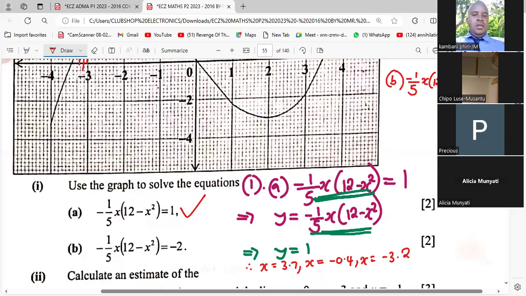Okay, sorry, thank you. So remember, when solving, we always use the graph.